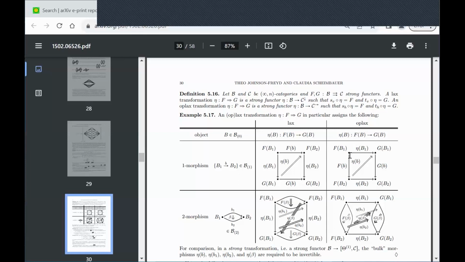Basically the thing to notice is that the oplax one has the morphism going in the same direction as the arrow. Here's the arrow F of B, here's the arrow G of B, and you've got a morphism pointing that way. And when you look at the notion of two morphisms in the oplax case, you see that all the arrows are pointing in the same direction.